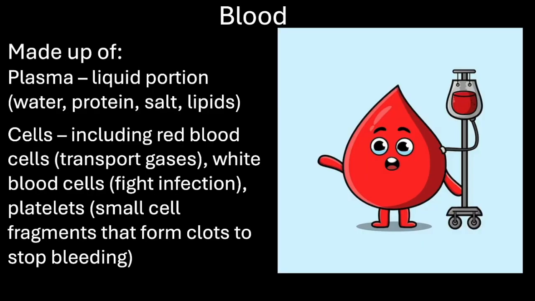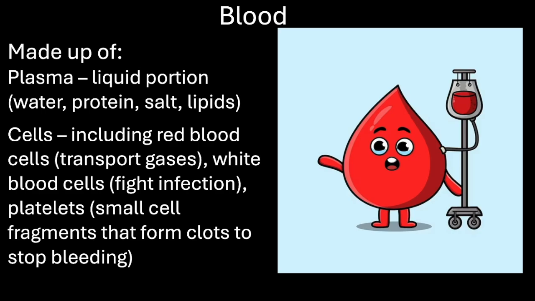Blood is made up of plasma, a liquid portion that includes water, protein, salts, and lipids. And then there are cells within our blood, including red blood cells, which help transport gases, as well as white blood cells, which help us fight infections.